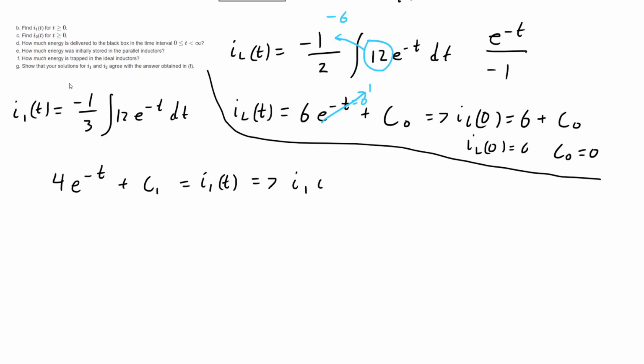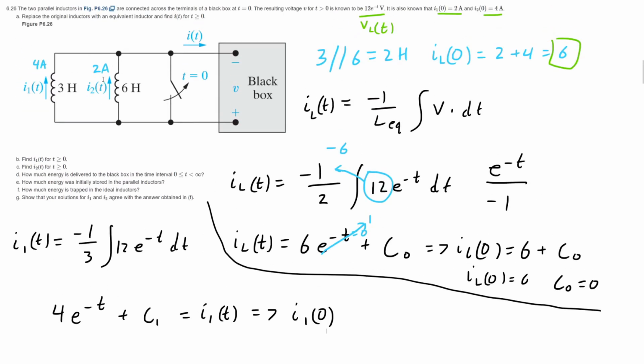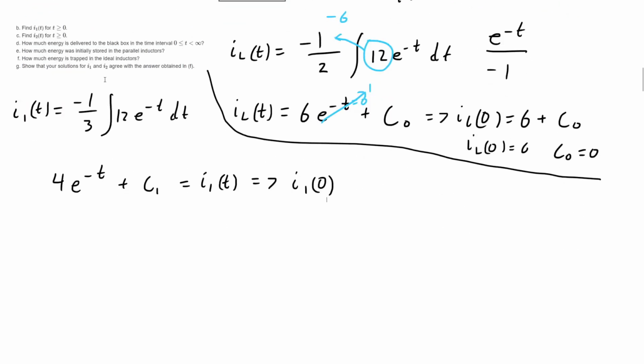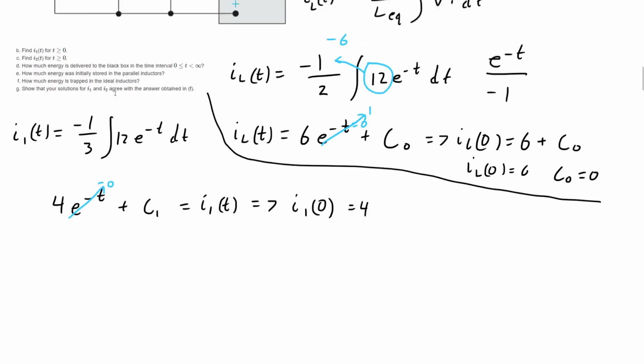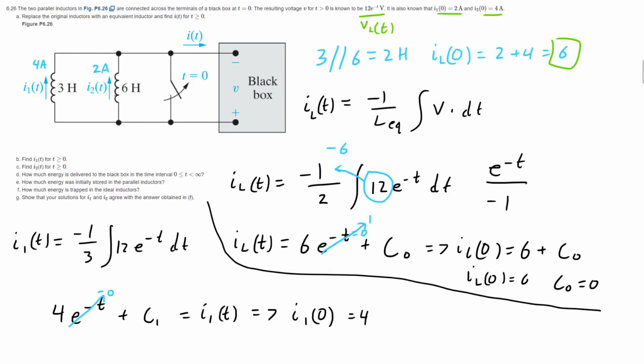Anyway, so if we know that i1(0) equals 4 amps, set this equal to 0, we end up with, wait, is it i1 or i2? I wrote them down wrong, my bad. If you caught that, that's just not being careful.